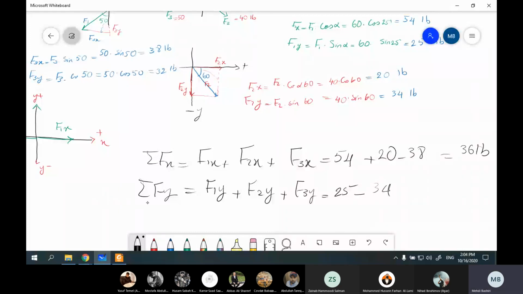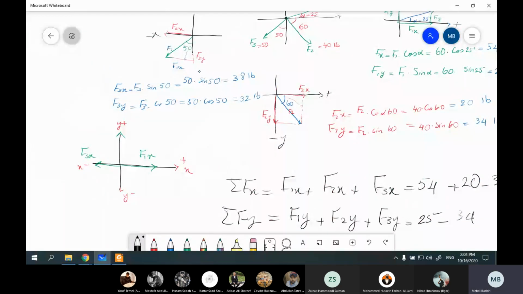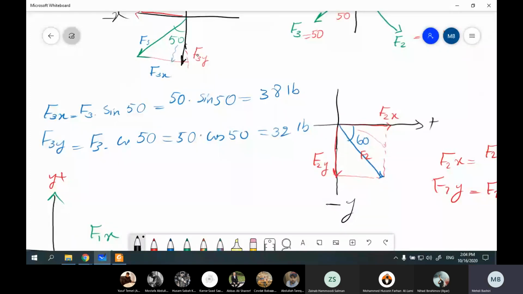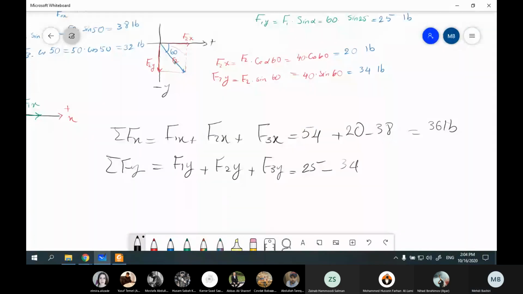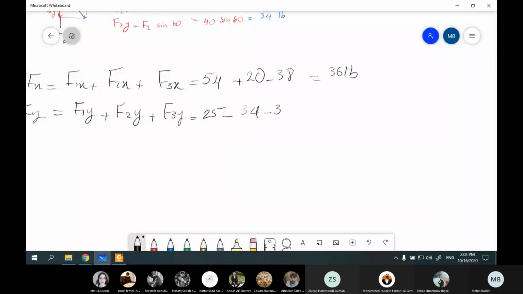And in the last case, you can see that F3y here again is in the negative direction, and its magnitude is 32. What would be the last answer? It's minus 41 pounds. Okay.